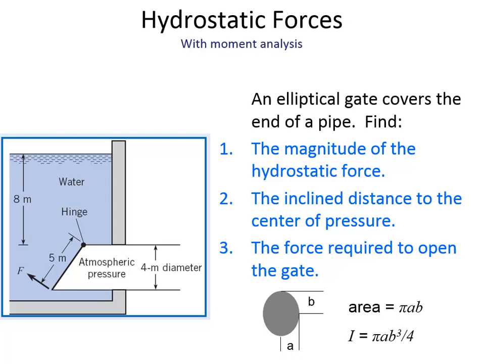Okay, next, the inclined distance to the center of pressure. So YCP formula that we already know, but think about this is a 3, 4, 5 triangle. So it's a 5, 4, 3 kind of a triangle, and we know that the vertical distance from the water surface to the centroid is 10, and so comparing triangles, we want to find what is the distance from the center of the pipe up to where the water surface would be.